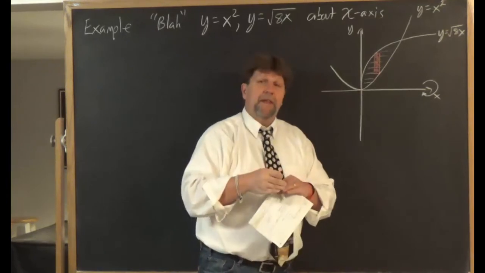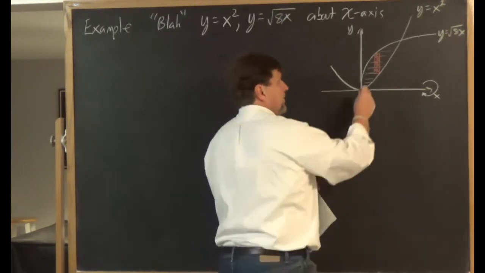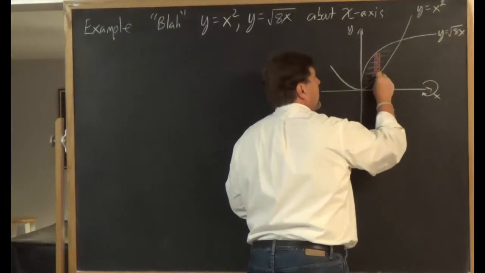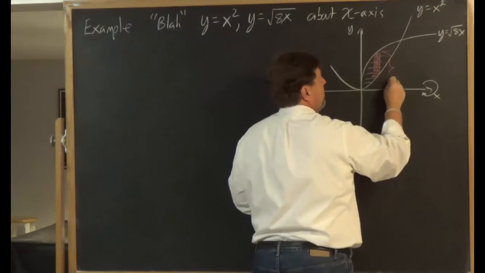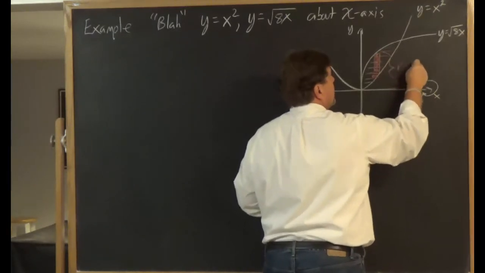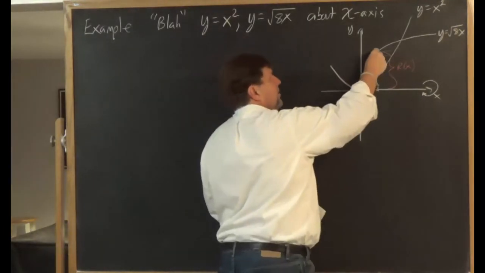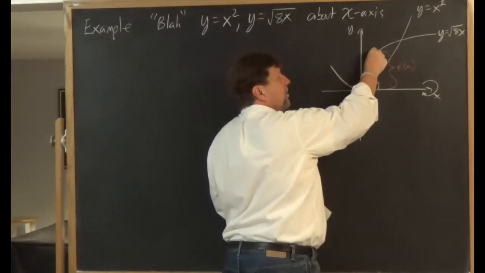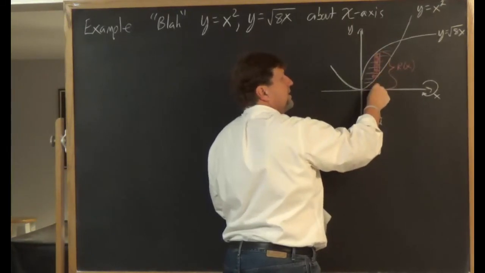So for the washer method, I need to determine my big R of x and my little r of x. Remember the base of the rectangle is delta x. So here is big R of x. Basically it's from y equals square root of 8x to the x-axis.